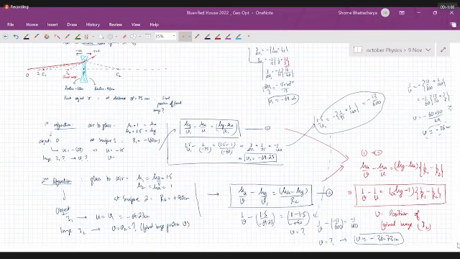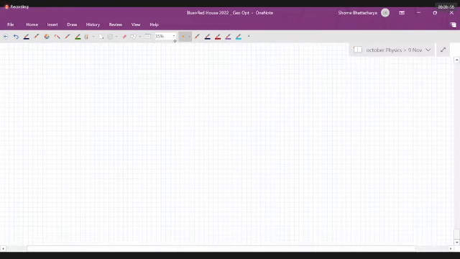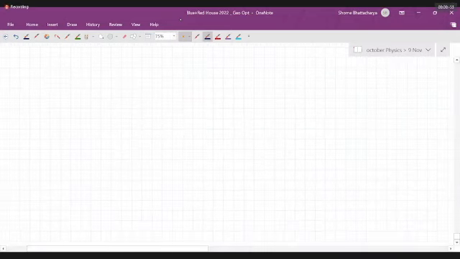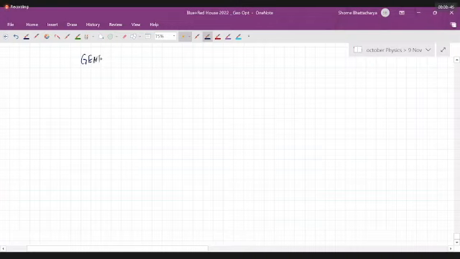Okay. So now see the general formula that we get from here, which is the more important thing for us, which is applicable to any shape of lens and all that.